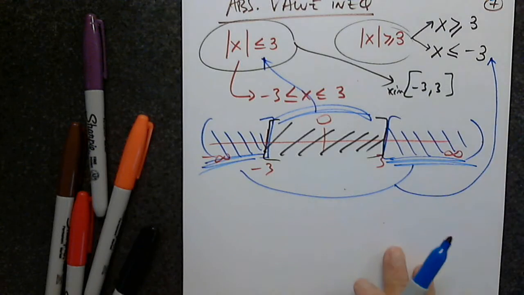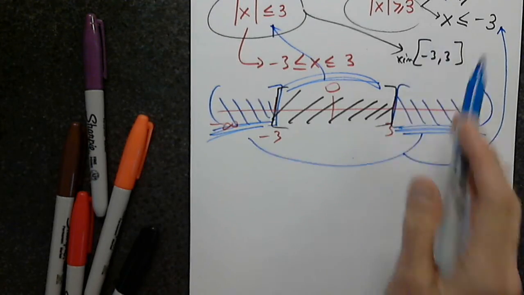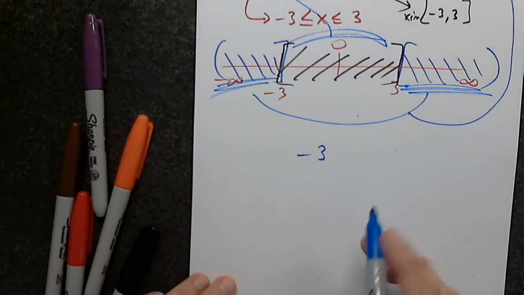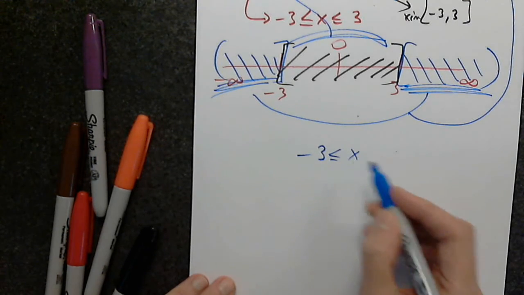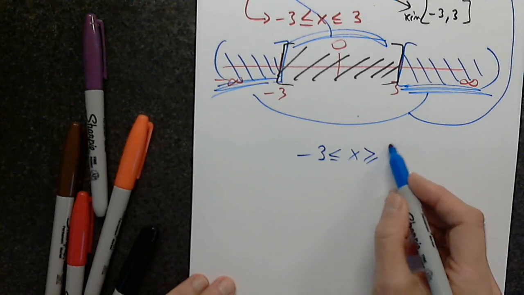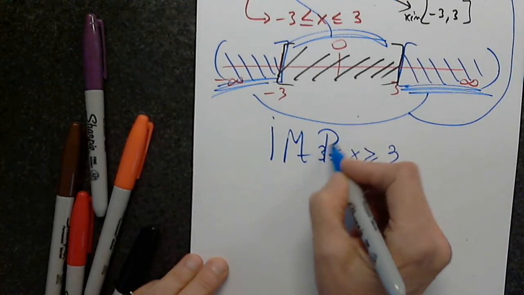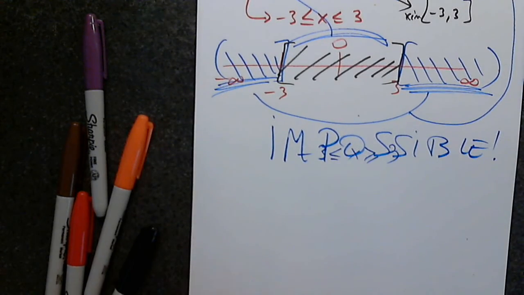But wouldn't you write that inequality in the sense of, let's say, -3 is less than x and greater than 3? Impossible.